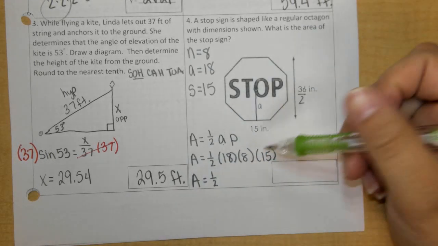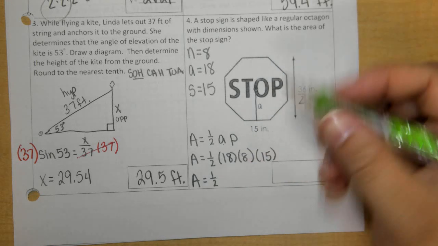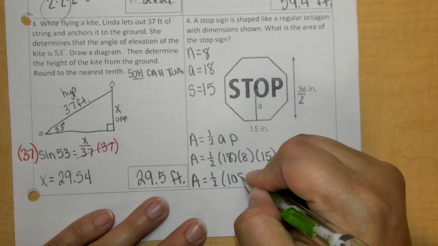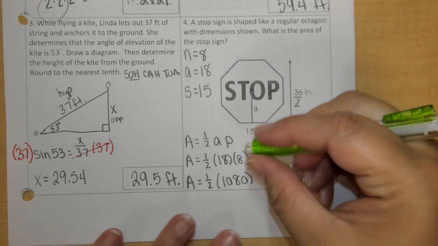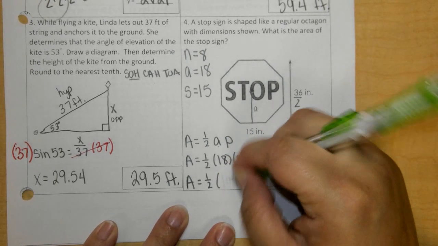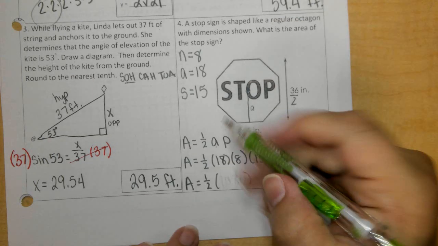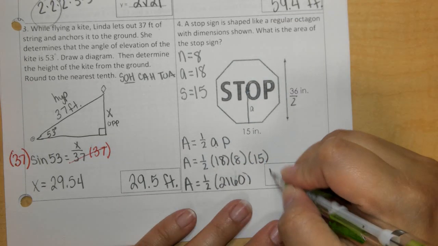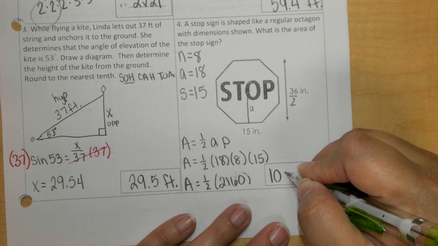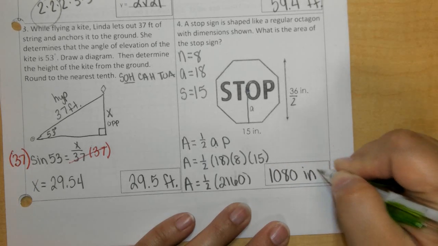So if I multiply 18, 8, and 15, I get 2,116. Now half of that is 1080, and that'd be inches squared.